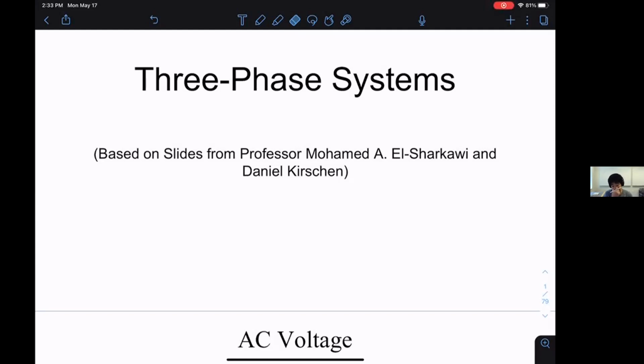So this class we'll talk about three-phase power, three-phase systems. The plan going forward is we'll talk about three-phase, then synchronous generators, then transformers, then induction machines.